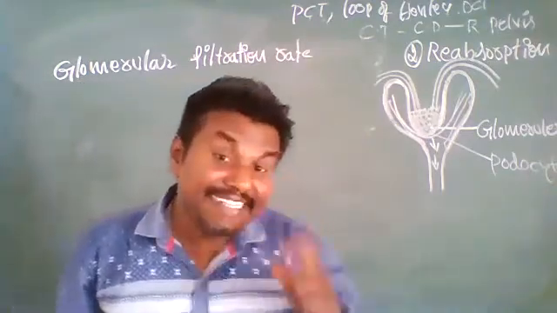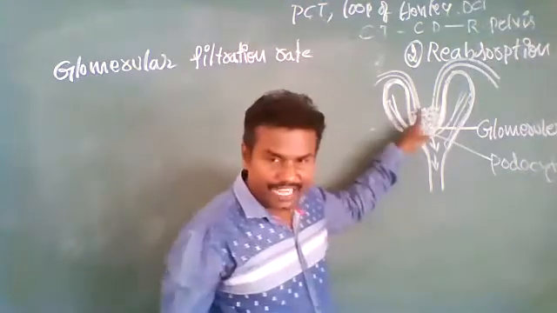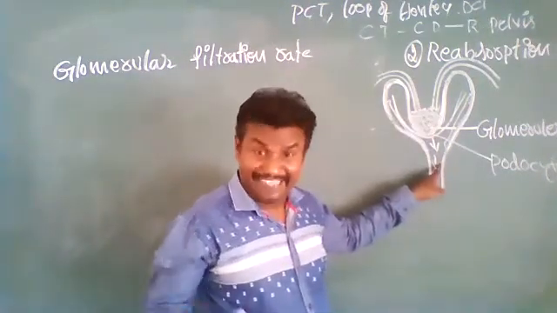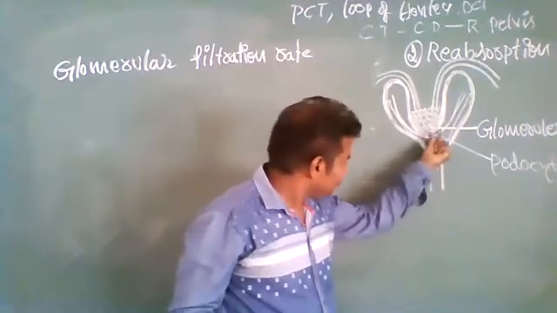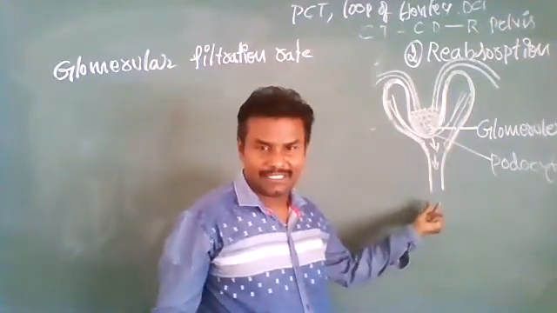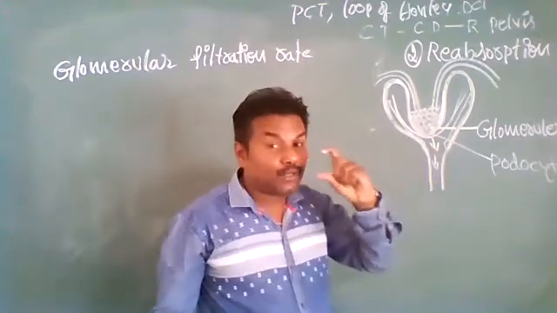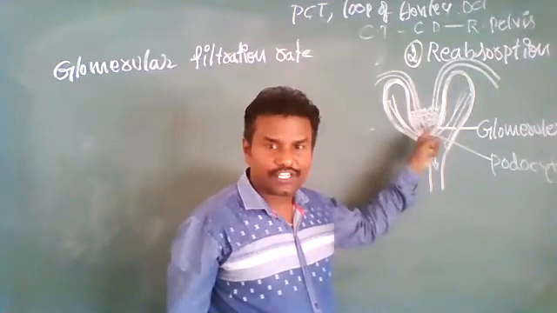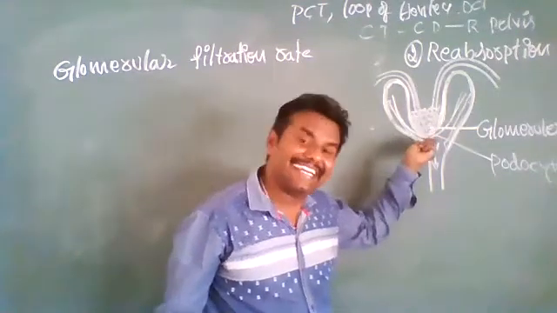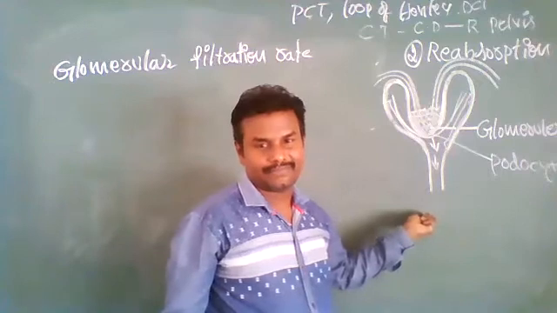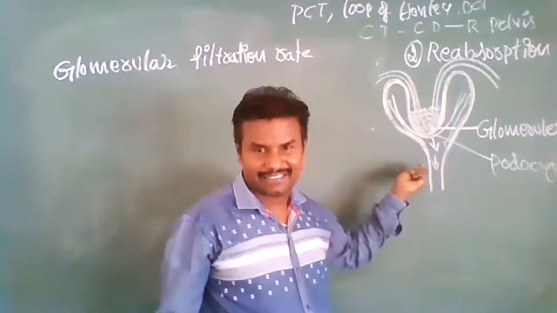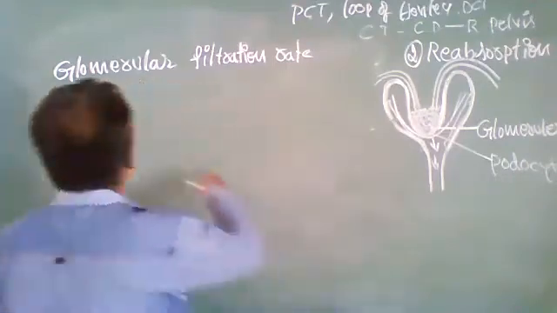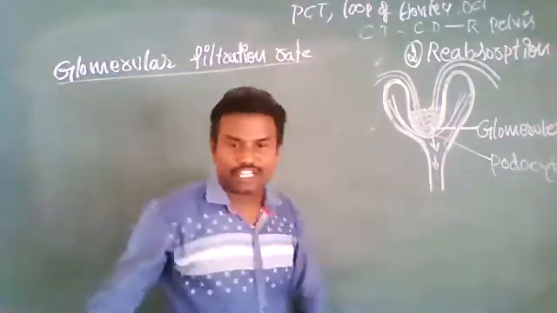Here filtration happens, and unwanted materials or filtrates pass over. During that filtration, how much filtrate is formed by both the kidneys per minute is called glomerular filtration rate, with a one mark definition.